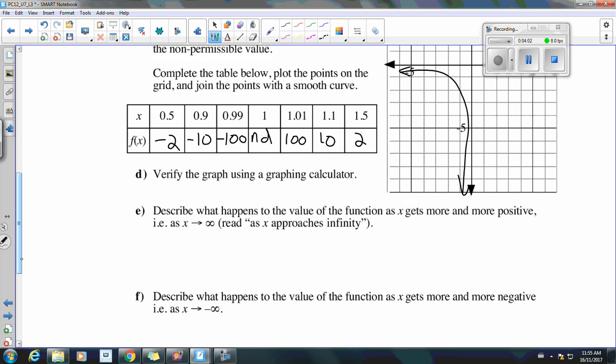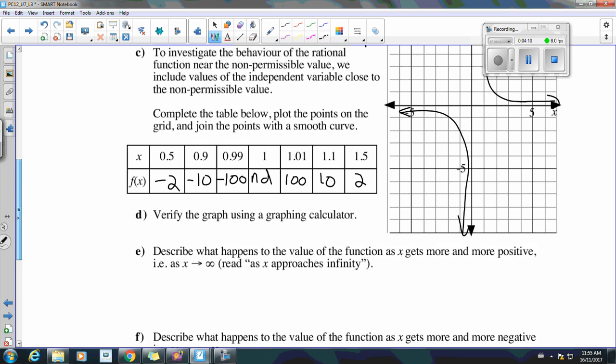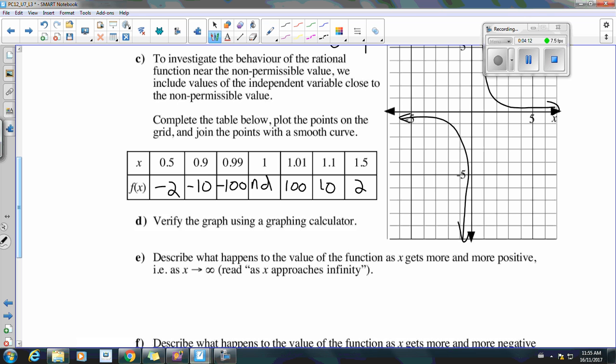Describe what happens to the value of the function, that's what happens to the y values, as x gets more and more positive. In other words, as x approaches infinity, what happens here? As x is getting larger and larger, it looks like this graph is approaching the x-axis.